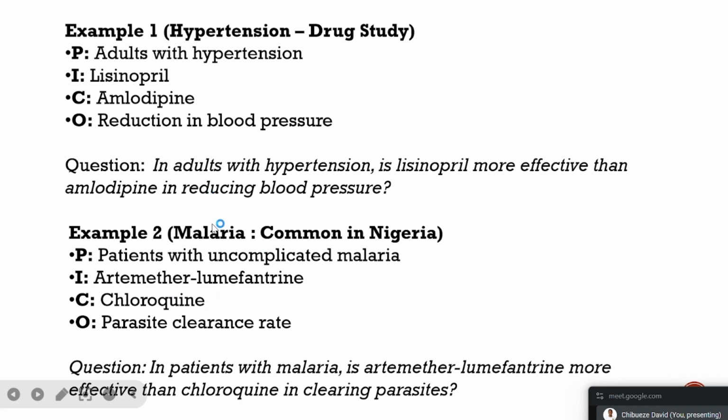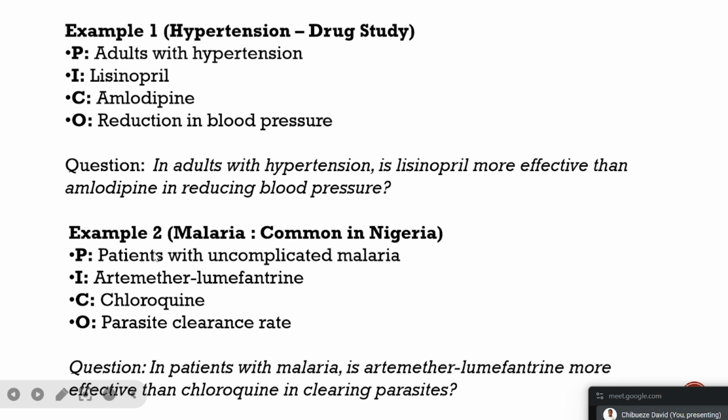And example two is a malaria study. The research question is trying to say that in patients with malaria, is artemether and lumefantrine more effective than chloroquine in clearing the malaria parasite?